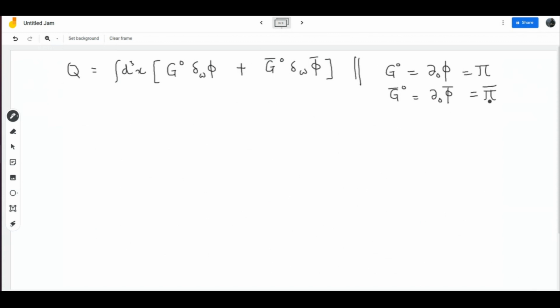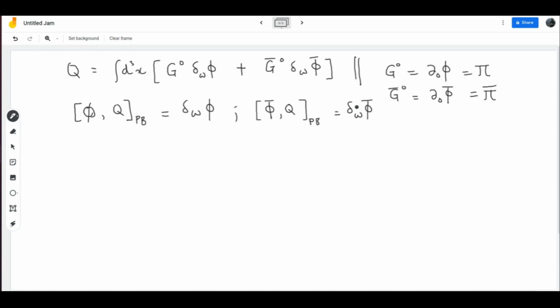Earlier I was calling this phi bar as phi star and pi bar as pi star. But if this is the case, then you can see immediately that the Poisson bracket of phi with Q will automatically be delta omega phi because of these relationships, and the Poisson bracket of phi bar with Q will be delta omega phi bar.